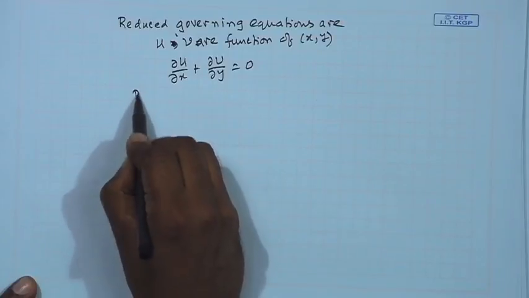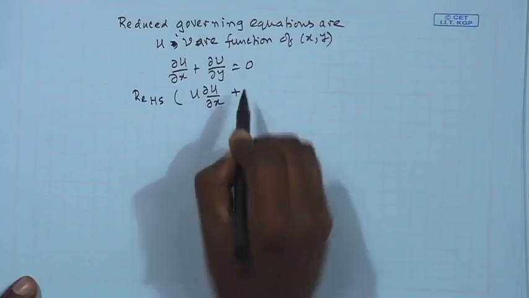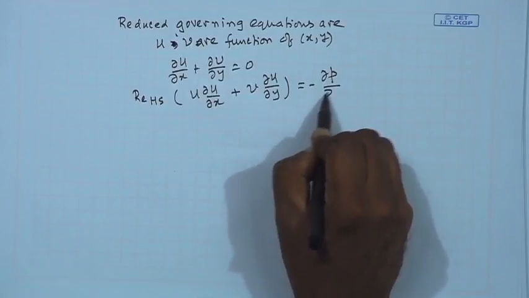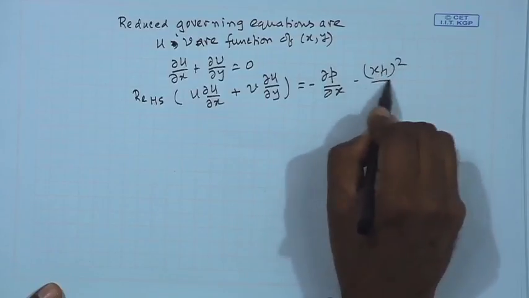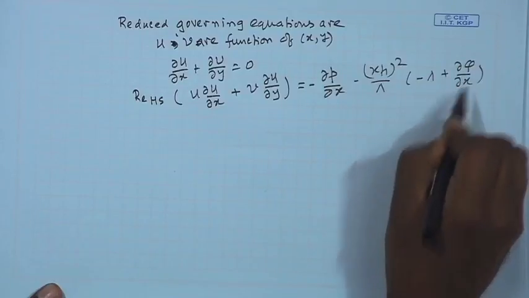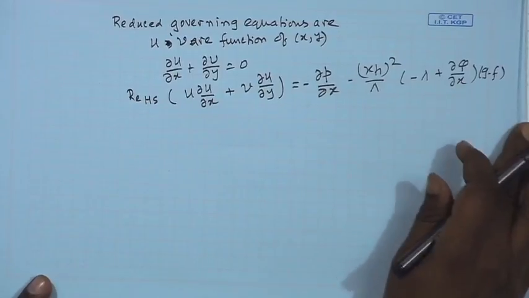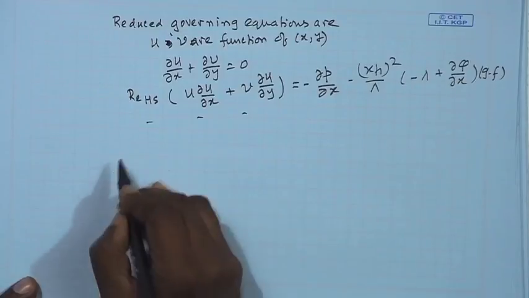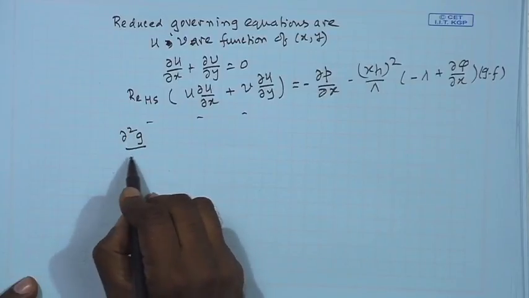Similarly, we can have the momentum equation, u del u del x plus, minus kappa h whole square by lambda, minus lambda plus del phi del x. This is because you have the component of G minus F. And similarly, the V momentum equation you can write.